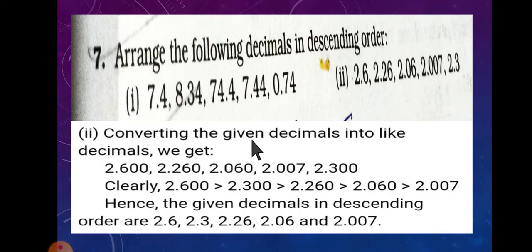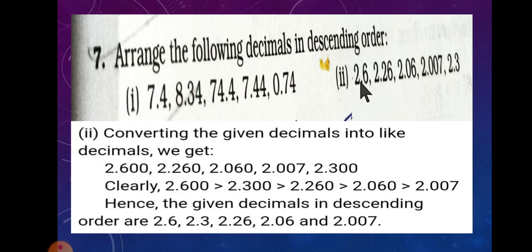First we convert the given decimals into like decimals. For this, first we count the highest number of places after the decimal. After the decimal we start counting places from tenths: tenths, hundredths, thousandths. It means 3 digits after the decimal, while some numbers have 2 digits and some have 1 digit.